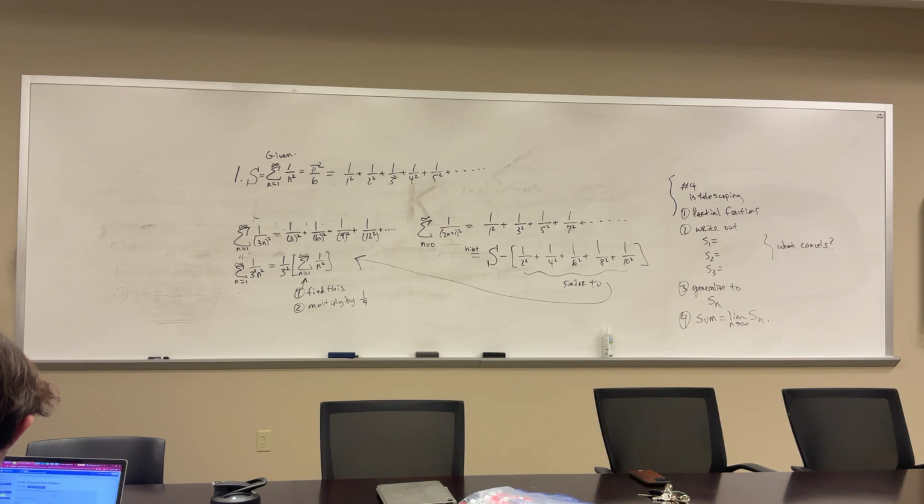If I subtract those first 4 terms away, then I get this one. I know what this adds up to. It's pi squared over 6. So pi squared over 6 minus that, minus that, minus that, minus that, must be that.